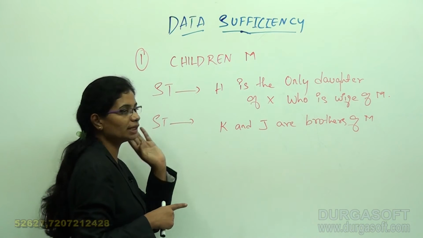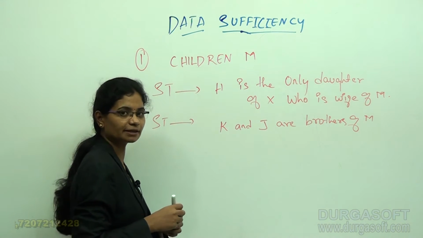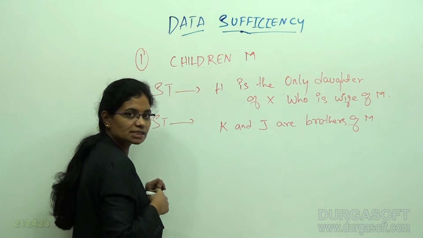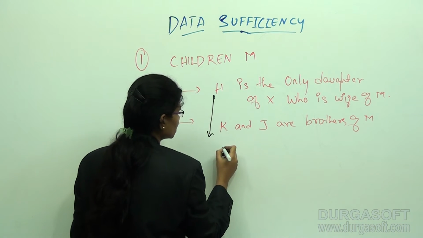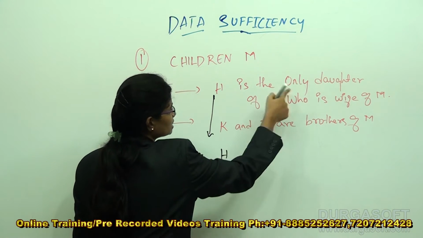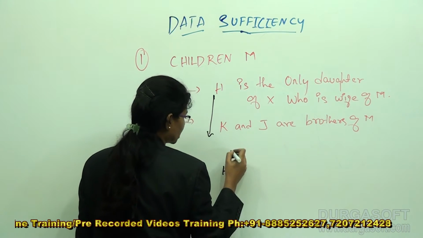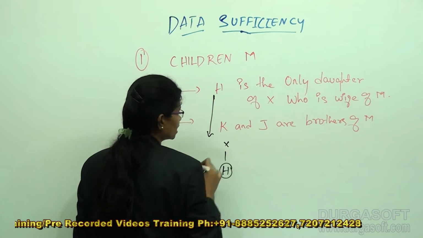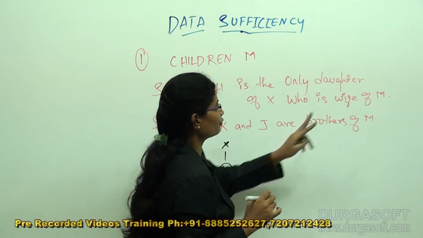We should not conclude that only one is enough; we have to try the second too. So first I try the first statement: H is the only daughter of X, who is wife of M.